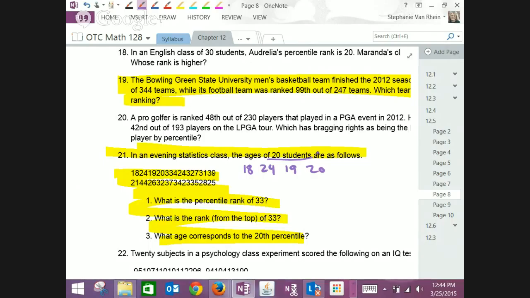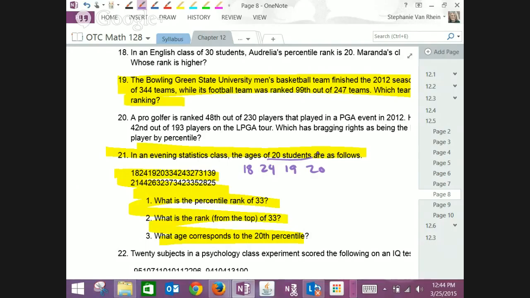What age corresponds to the 20th percentile? So for the 20th percentile, x over 20, because there's 20 people, equals 0.2. So x would be 4 people below. So you're looking at the 5th number in the list.